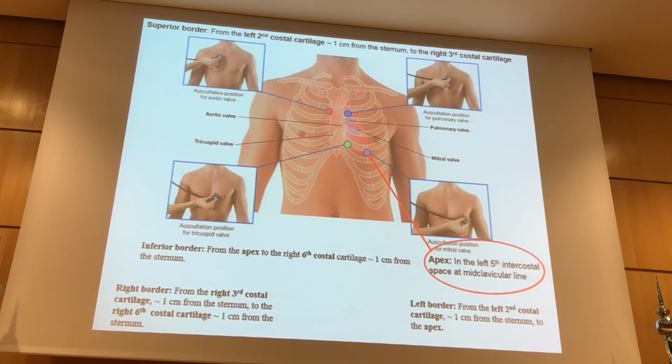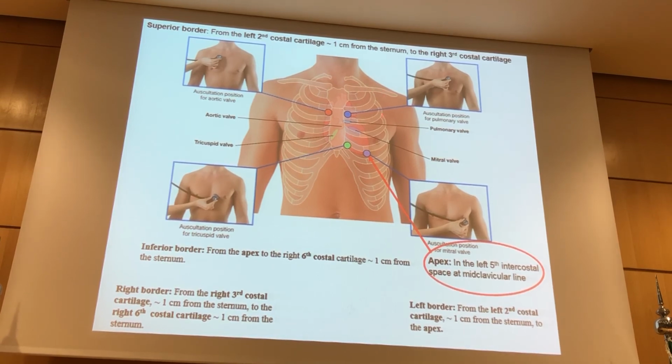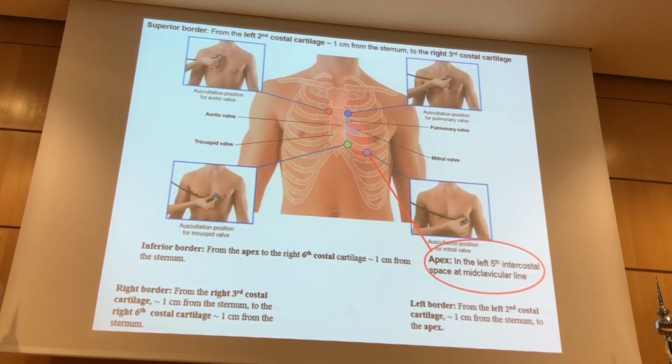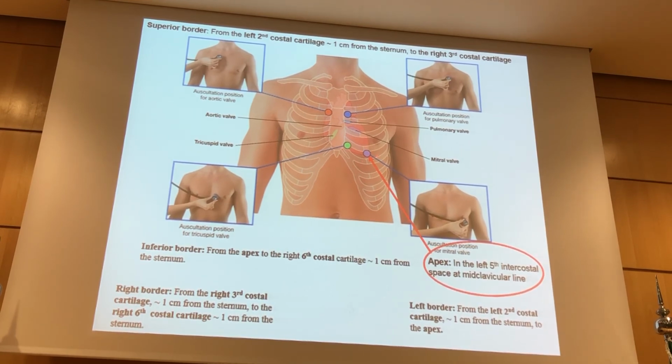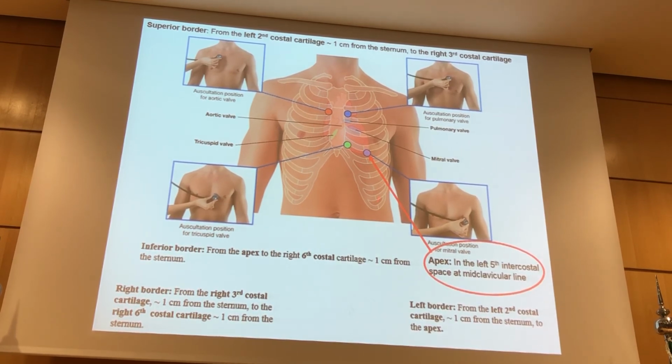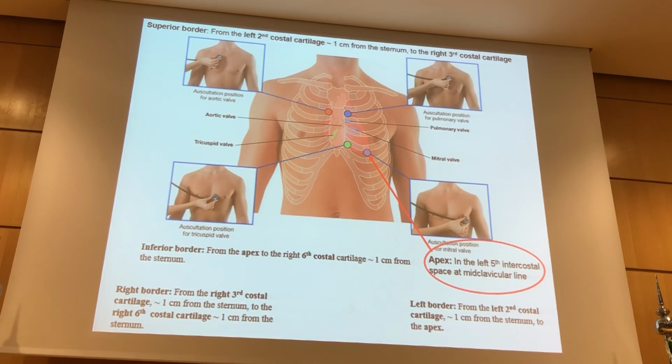So if you draw a line from the middle of the clavicle down, it's about 8 to 9 centimeters from the sternum. That is where you locate the apex of the heart, and you can feel actually the pulsation of the heart. If you put your hand on it, you can feel the pulsation.